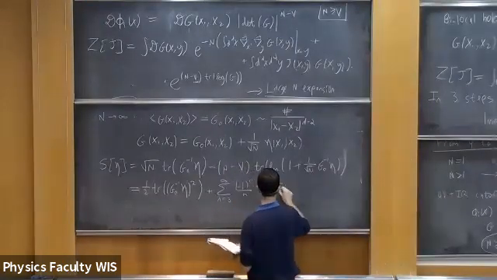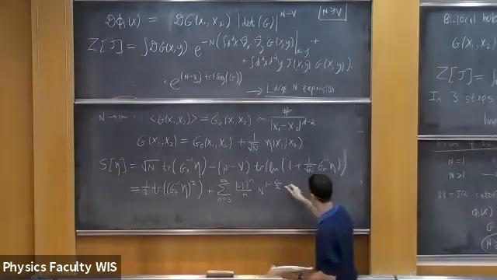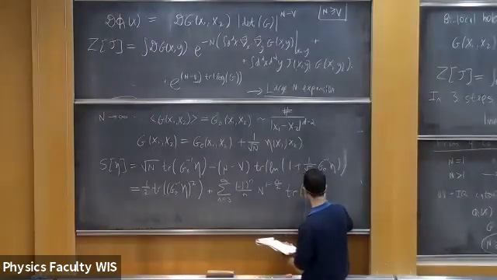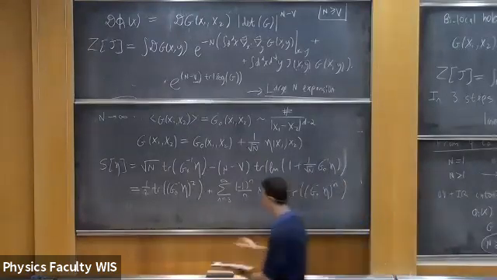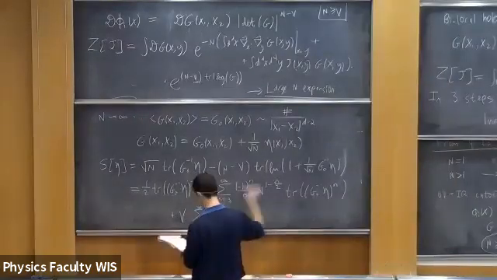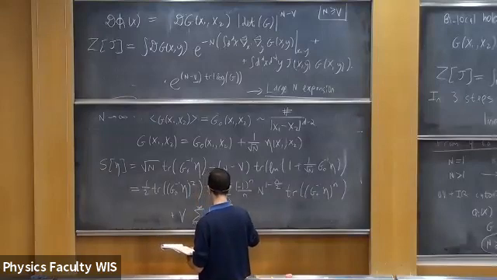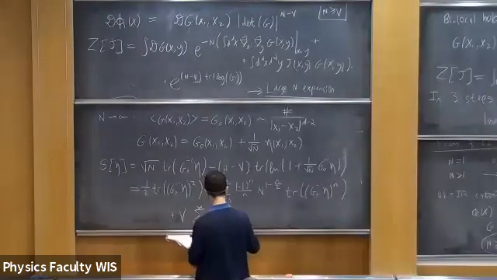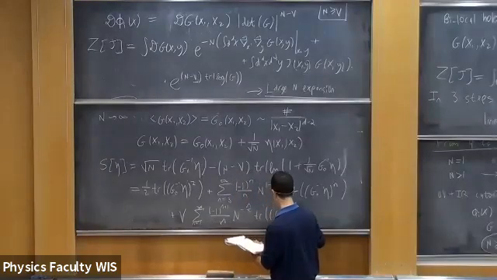I normalize things so that the etas have a canonical kinetic term, and all the interaction terms are explicitly suppressed by powers of n, and they look like G to the minus 1 eta to the power n. And then we also have the counter terms, which are lower by 1 order of 1 over n than the analogous terms in the main action. Again, they can be written very explicitly in this language.